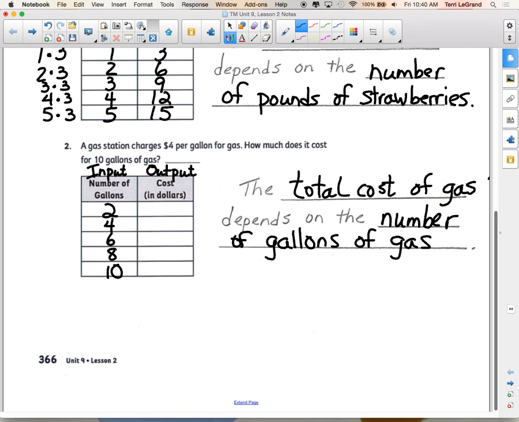Okay. What do we have to do to our inputs? 2, 4, 6, 8, and 10. What do we have to do to those to get our outputs? Katie? Take them times 2? Why times 2, Katie?